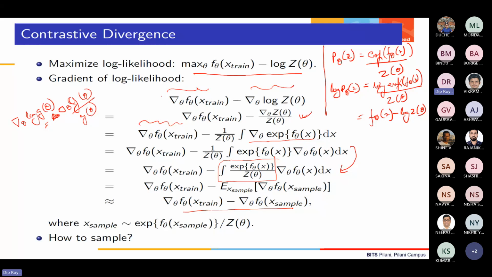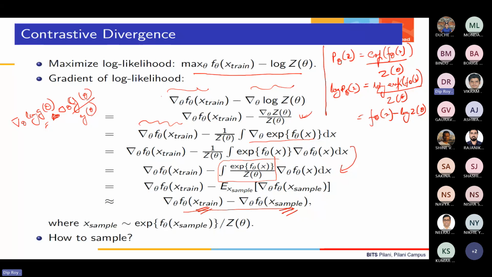Now, we have this as a part of our training data. How do we get this? Because we don't know how to sample. We have come up with an algorithm called contrastive divergence, via which we have got rid of the z theta in this entire algorithm.